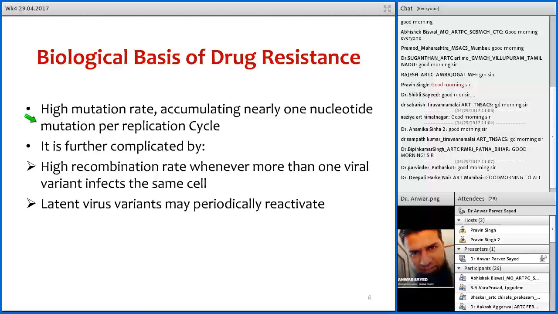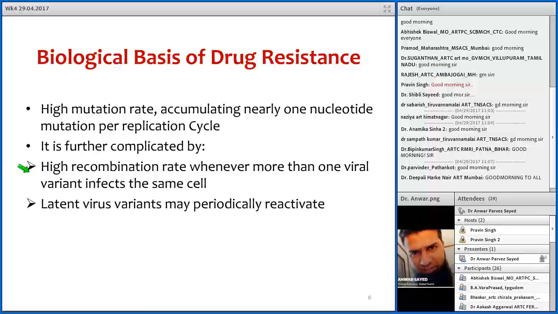As long as the virus is multiplying, it is making errors, and with each error there will be development of some mutations, and this rate of development of mutations is very high. So there will be quick development of mutant viruses and accumulation of those. This is further complicated by a high recombination rate whenever more than one viral variant infects the same cell. So we have a CD4 cell.